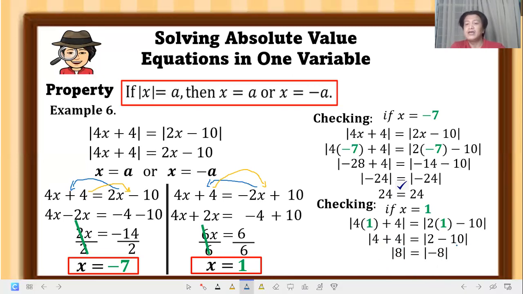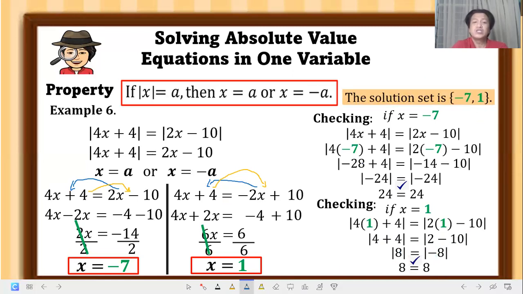Diba 8 yon. And dito naman sa right side, 2 minus 10, negative 8. Pag nilabas mo yung absolute value nila, parehas po silang positive 8. Kaya ibig sabihin since nag-equal yan, we can say that it satisfies the equation. The solution set is negative 7 tsaka 1. So we call this two solutions.